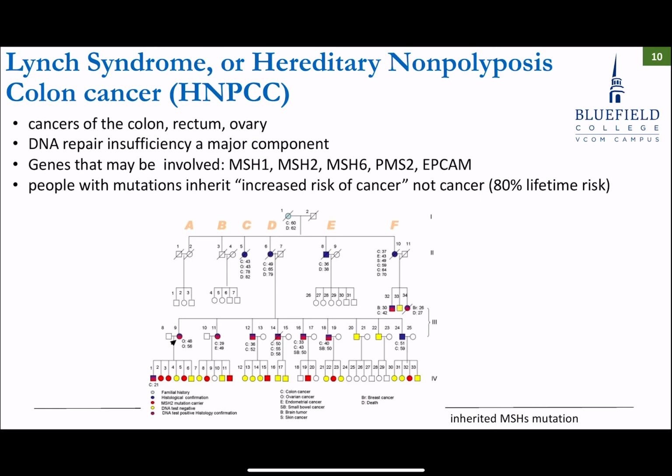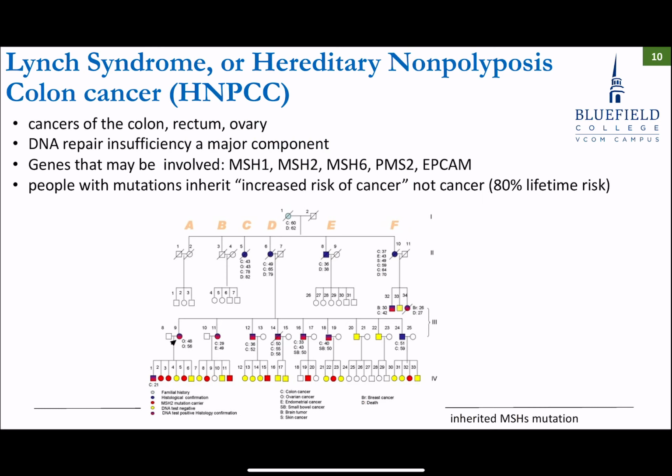And this is Lynch syndrome, which is caused by defects of DNA repair genes like MSH1, MSH2, MSH6, PMS2, and EPCAM. This defect is related to colon cancer, and it's called hereditary non-polyposis colon cancer, HNPCC.